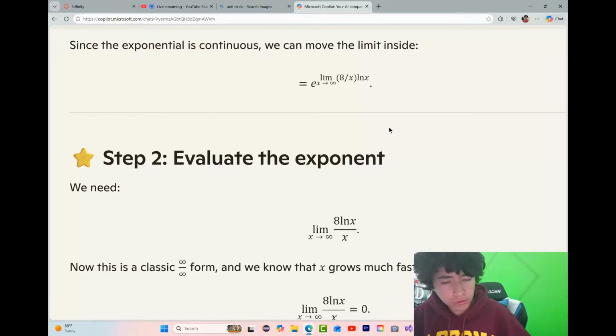Oh, so do we do like a derivative? Oh, no, no, he's simply simplifying.